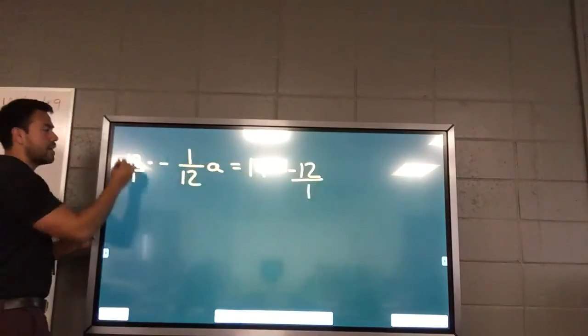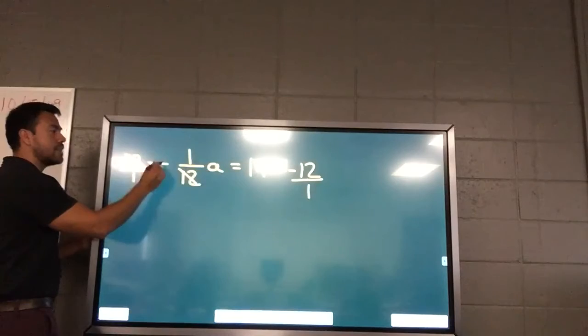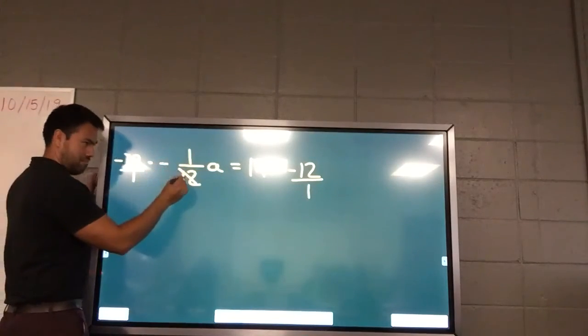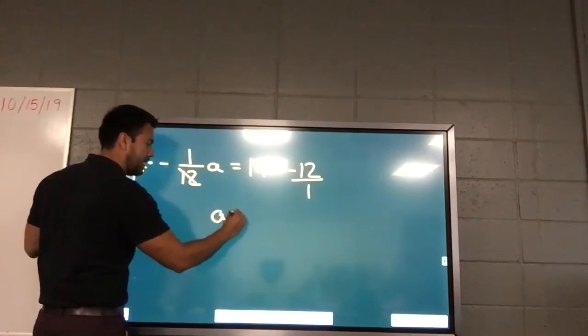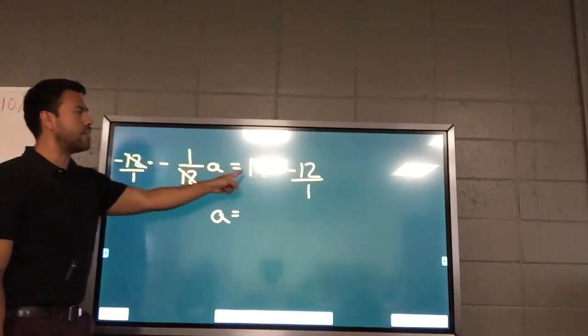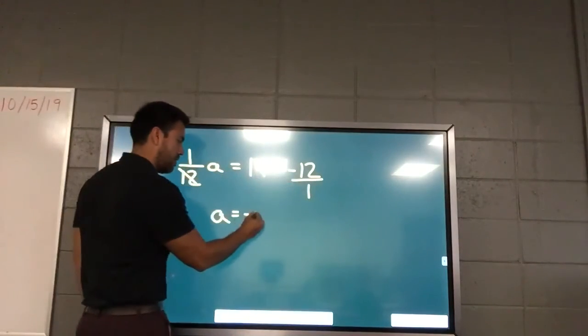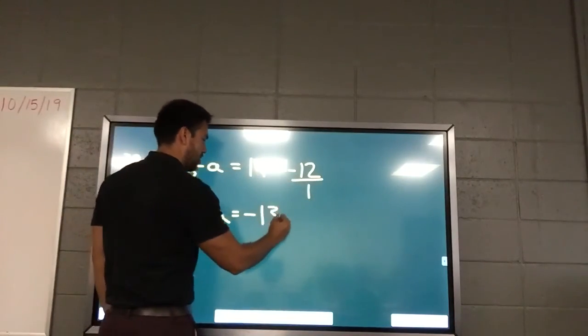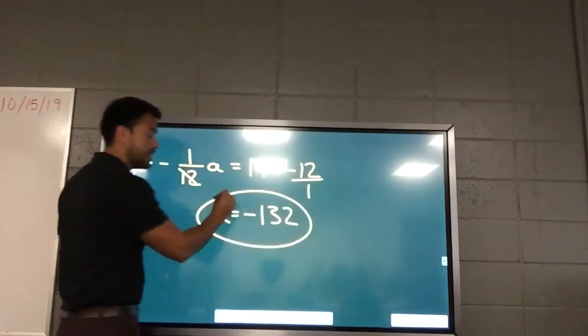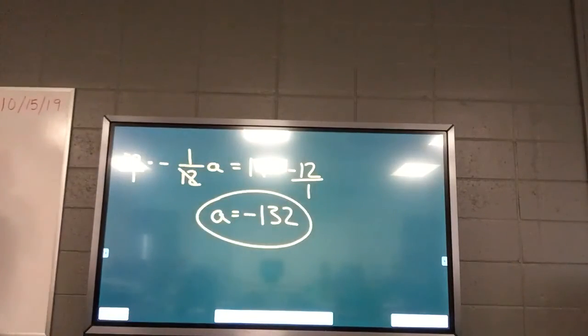Cancel. A negative times a negative is positive, which we like. We got A. What's 11 times negative 12? That's the answer. I multiplied wrong 4 times. I multiplied wrong every time.